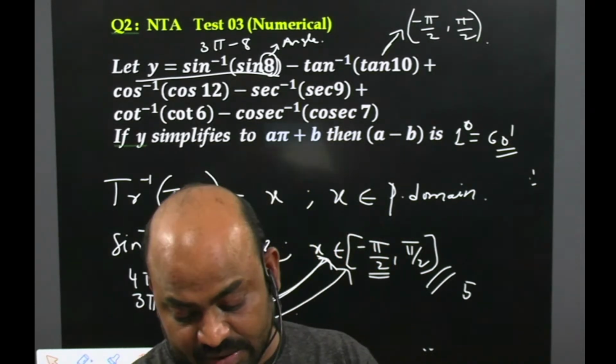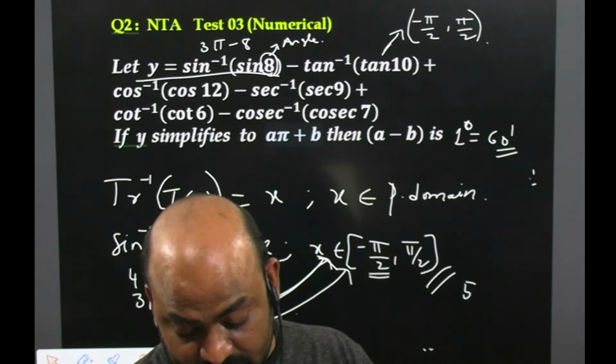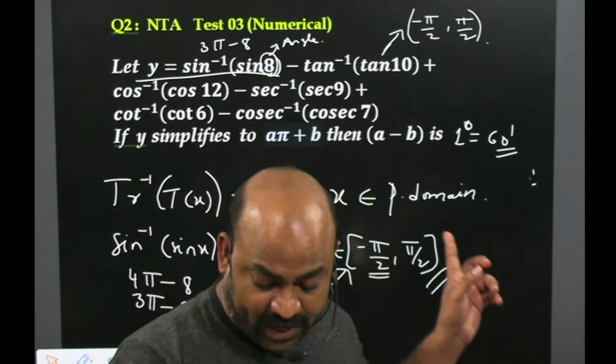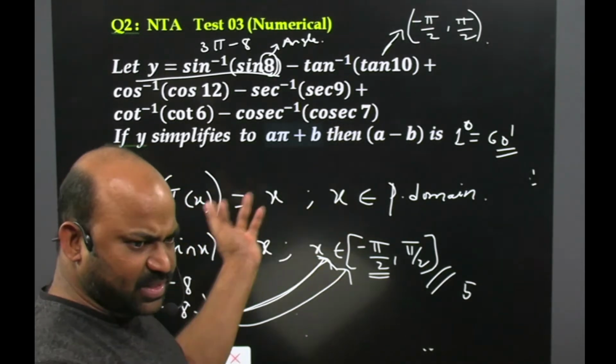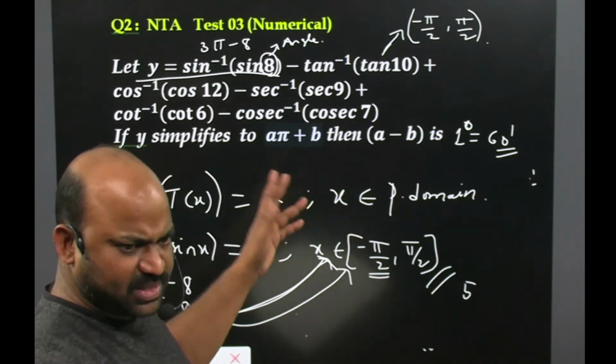Whereas in case of sine, it can be anything like 2 pi minus, 3 pi minus or 3 pi plus something like that.